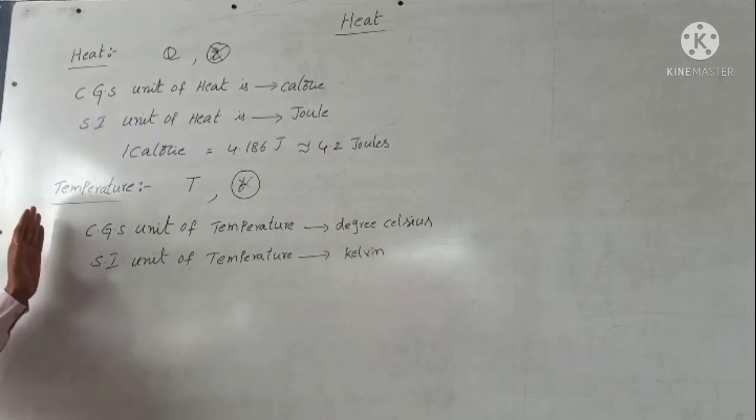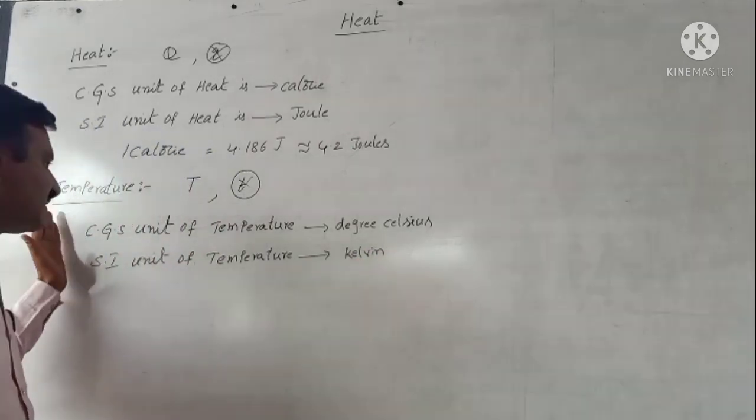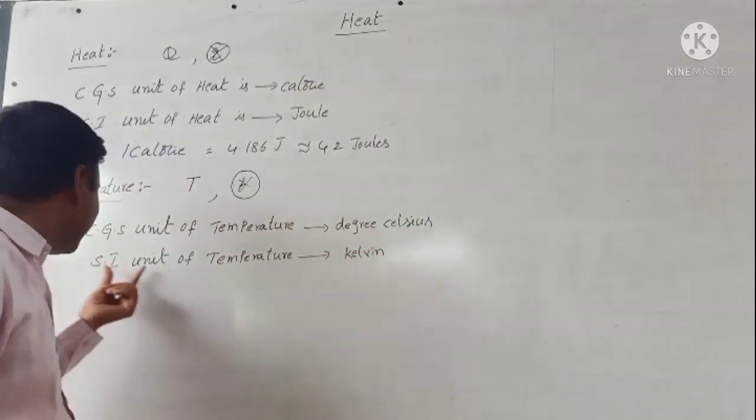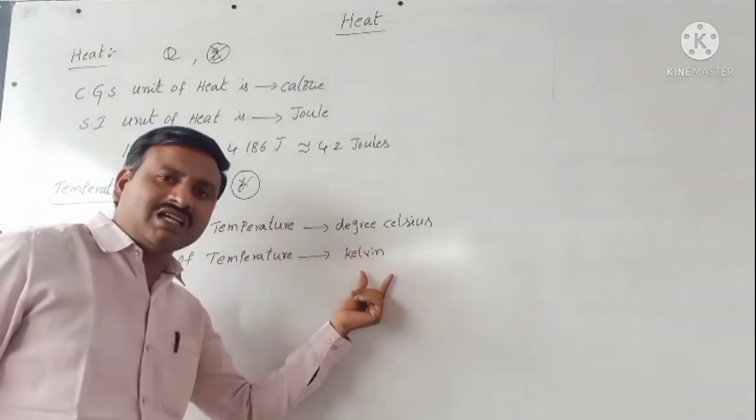So, what is the relation between these two? CGS unit of temperature is degree Celsius or degree centigrade. SI unit of temperature is Kelvin.